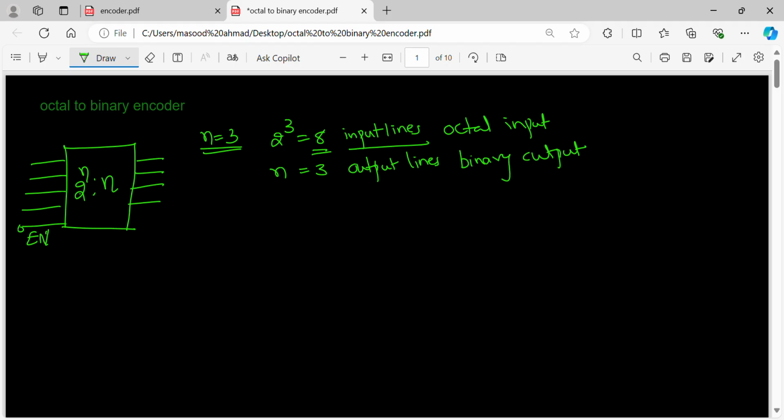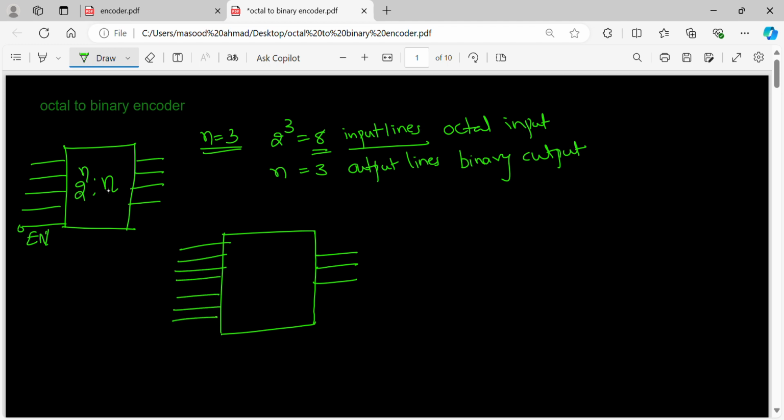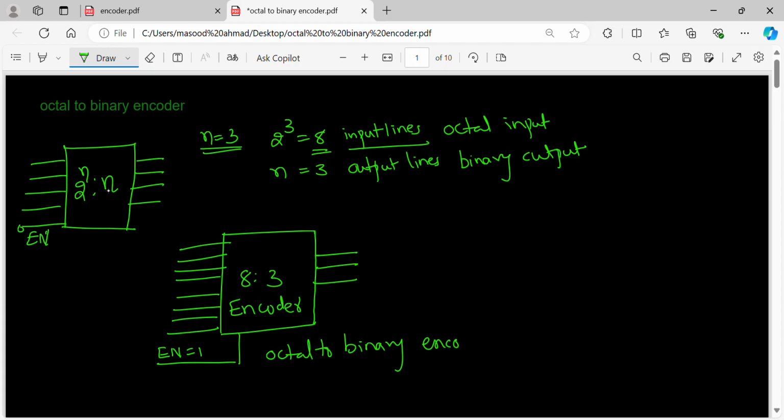So in simple words, there are 8 inputs and 3 outputs. Of course, there is an enable input, which I am making 1. This is an 8 line to 3 line encoder, which is known as an octal to binary encoder.